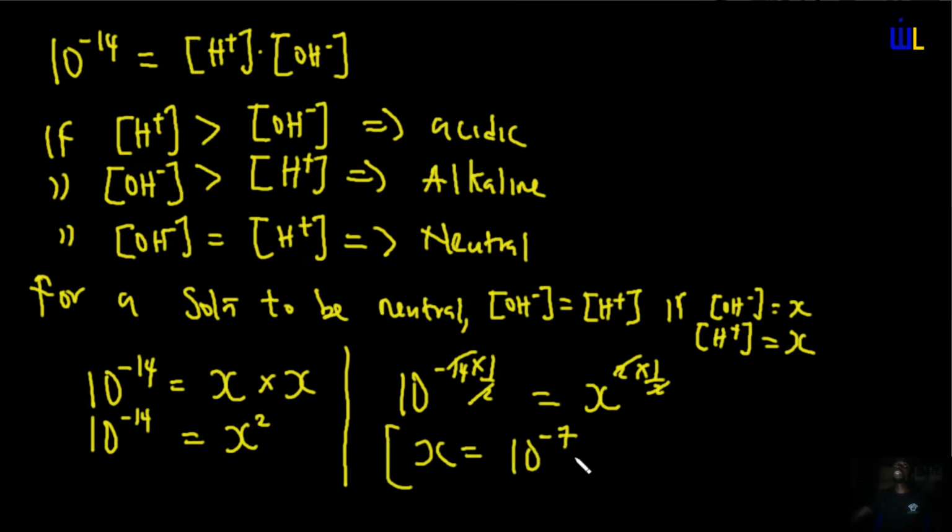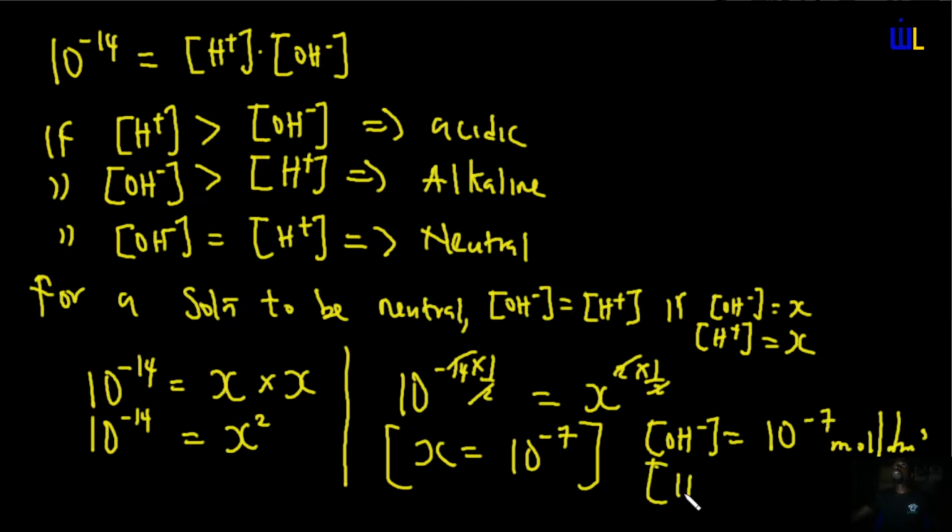Now what does this expression mean? It means that for the solution to be neutral, the concentration of OH minus must always equal 10 raised to power minus 7 mole per dm cubed, while the concentration of hydrogen ion must also equal 10 raised to power minus 7 mole per dm cubed.